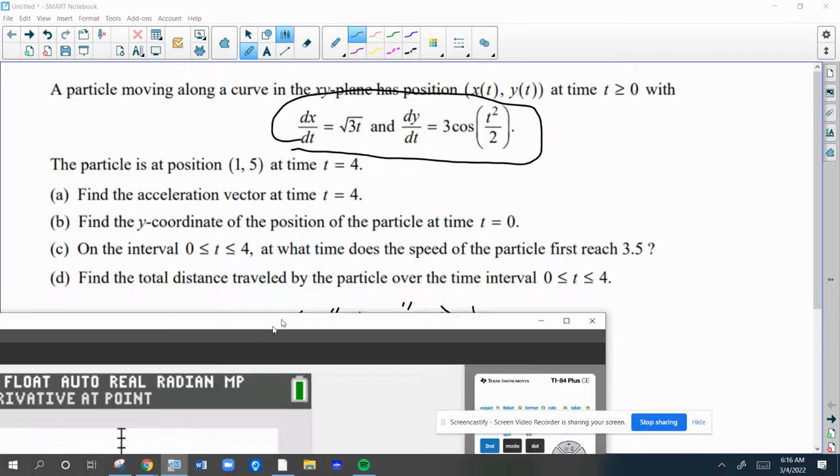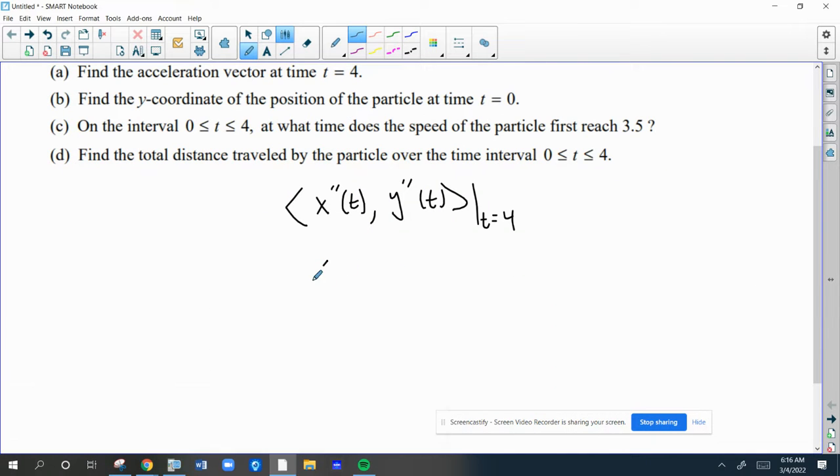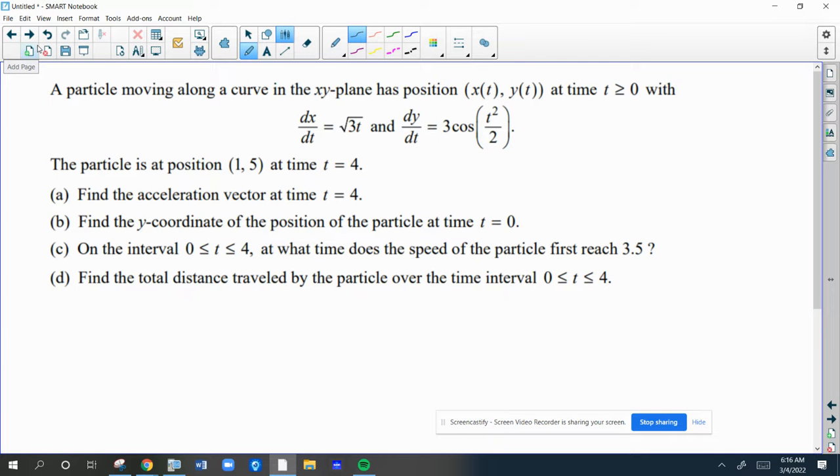So my final answer as a vector is going to be 0.433, comma, negative 11.872. Obviously, you could do this without a calculator because we can take the derivative of anything, but this is a calculator question, so we're going to avoid that.